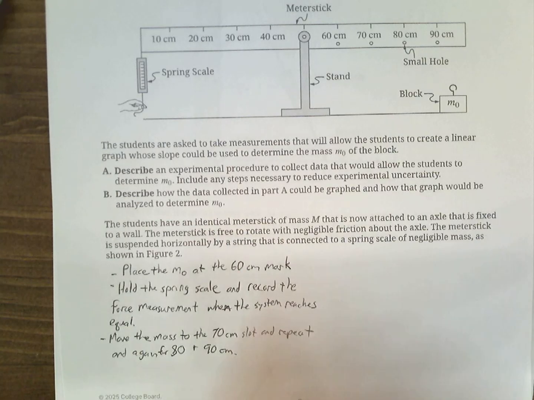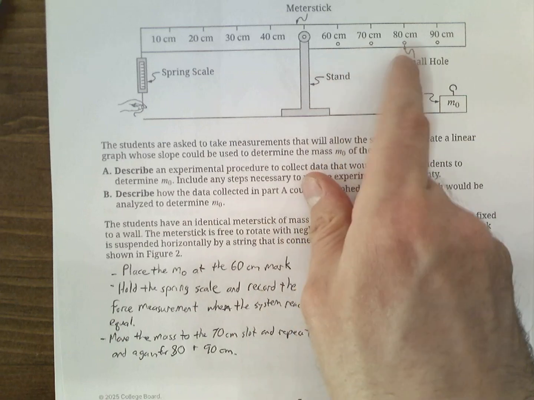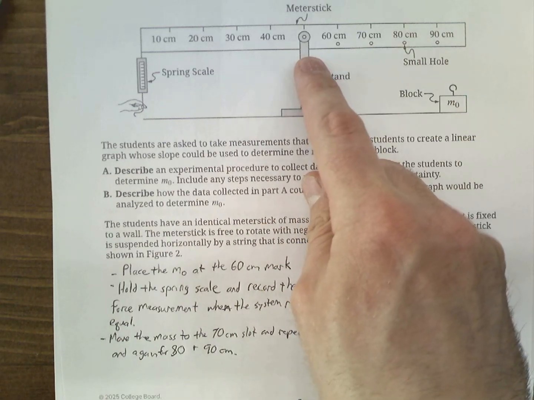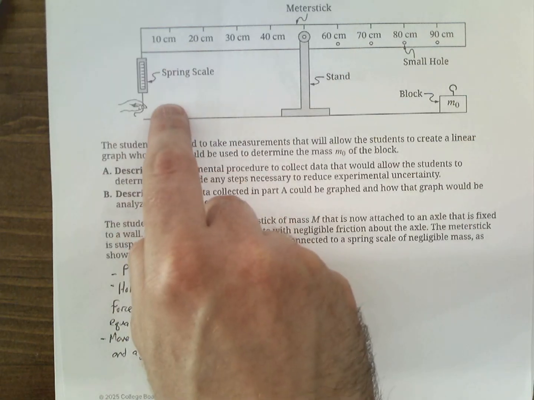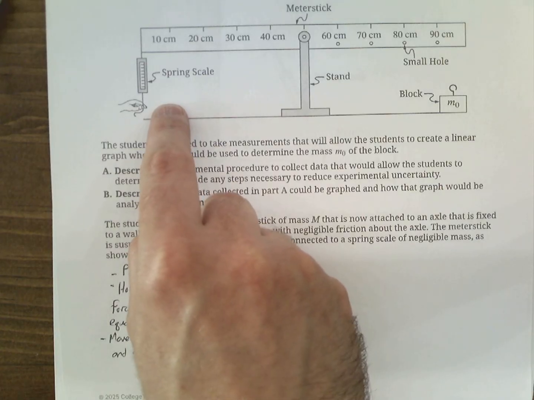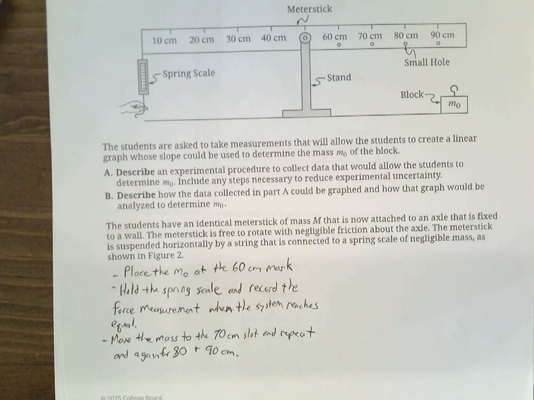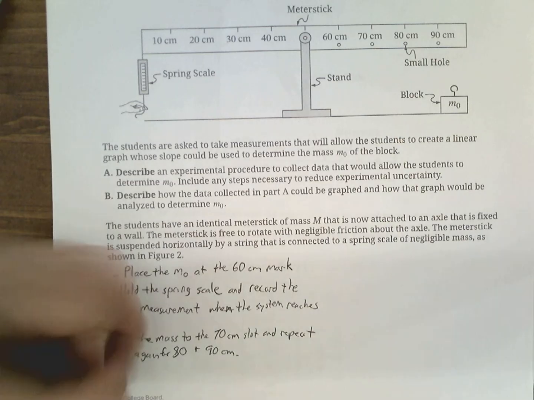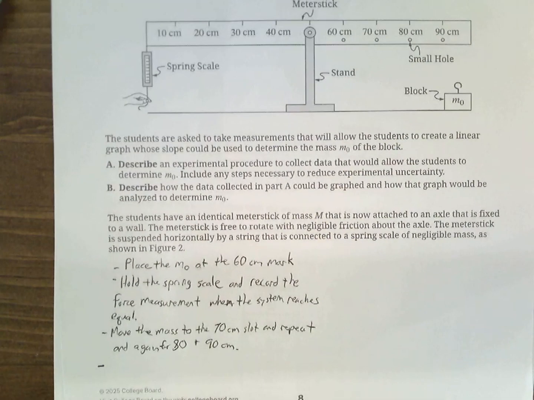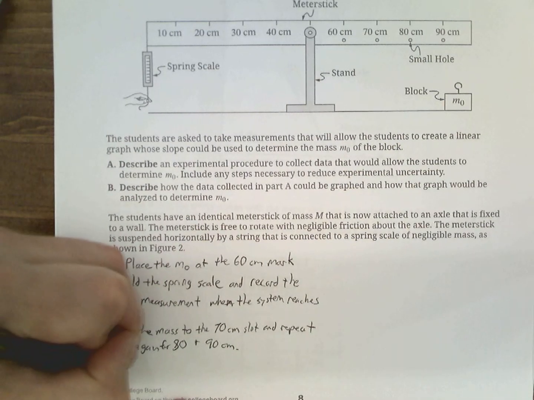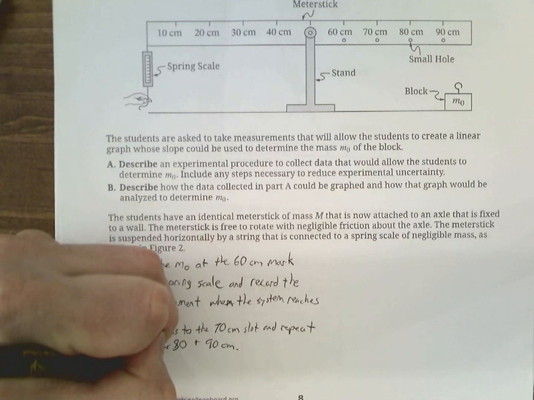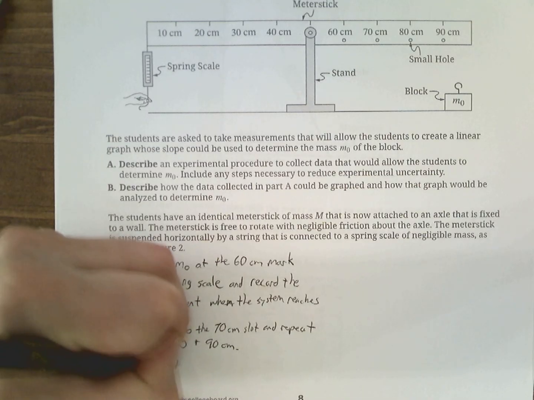So basically, our independent variable here is where we're placing the mass from the center of the meter stick, and then the dependent variable is going to be the force reading on the spring scale. Lastly, after we've gotten all of our data, we're going to repeat this a bunch of times to reduce error. Multiple trials.